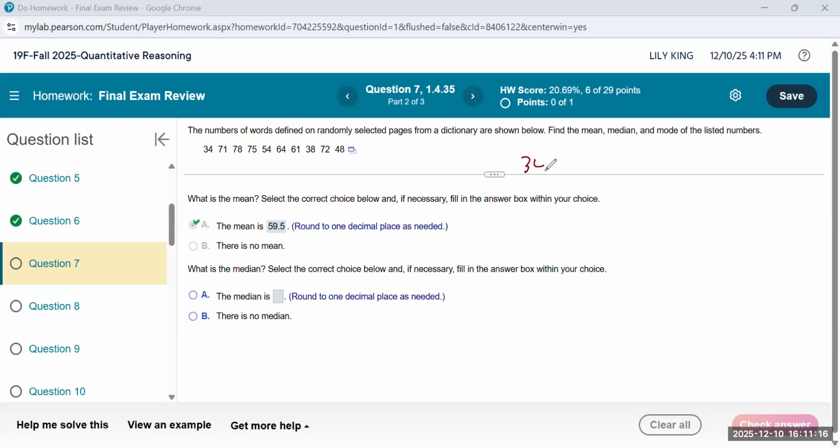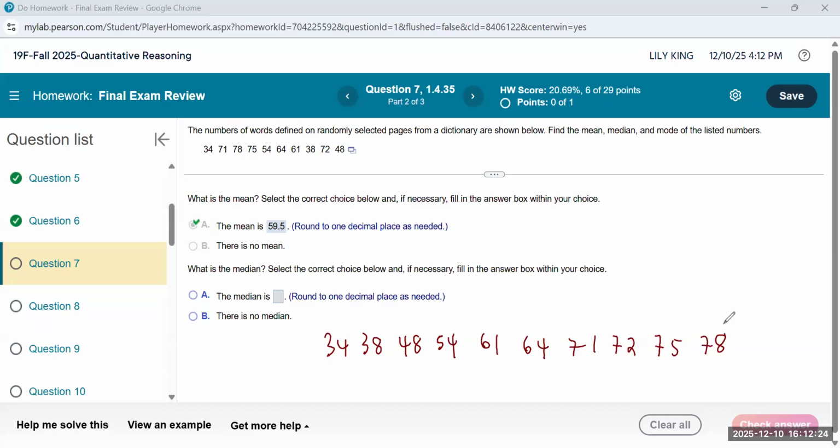The least number is 34, followed by 38, 48, 54, 61, 64, 71, 72, 75, 78. That is 1, 2, 3, 4, 5, 6, 7, 8, 9, 10.